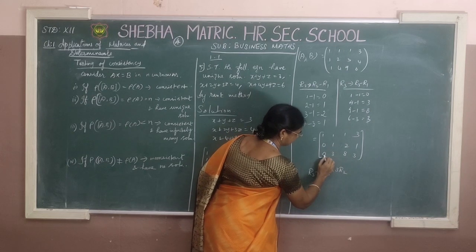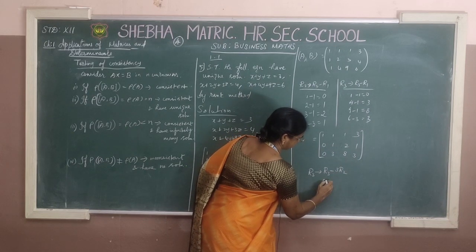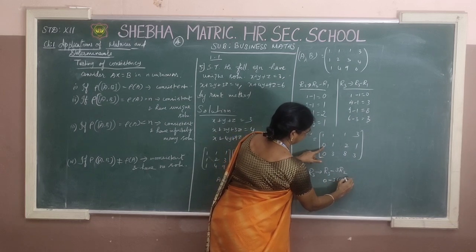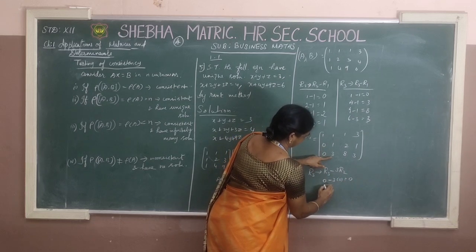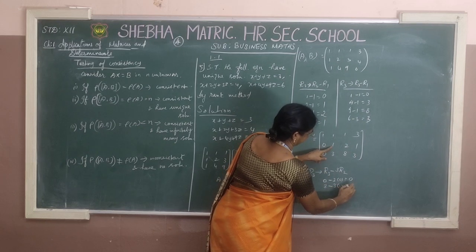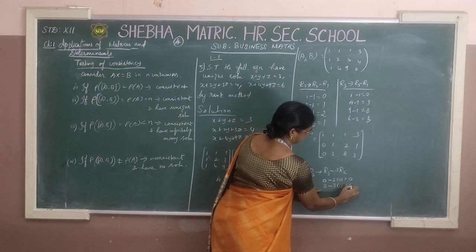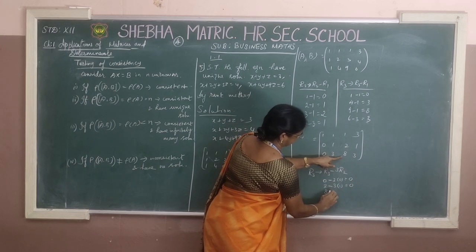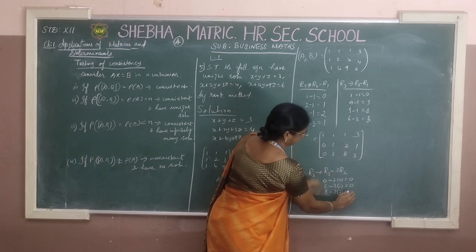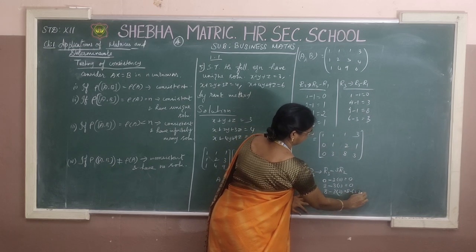So, what are the R3 elements? 0 minus 3 into 0 equal to 0. And then 3 minus 3 into 1, we get 3 minus 3, 0. Next 8 minus 3 into 2, we get 8 minus 6, 2.